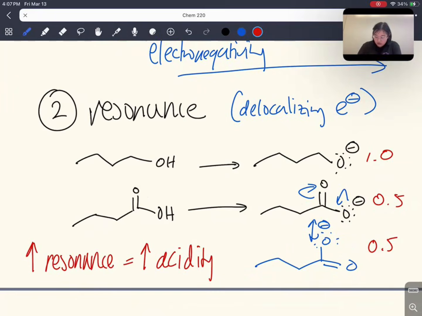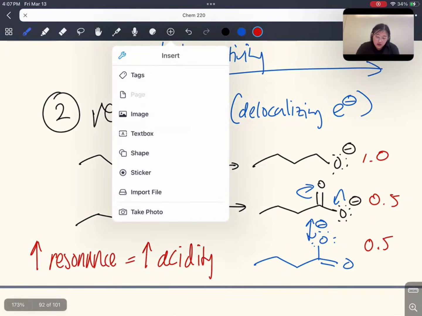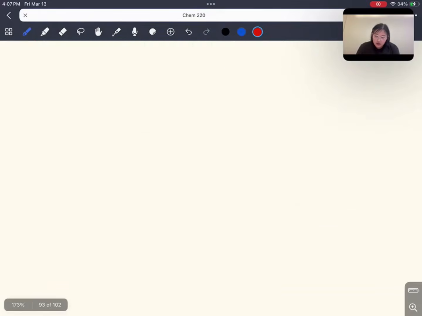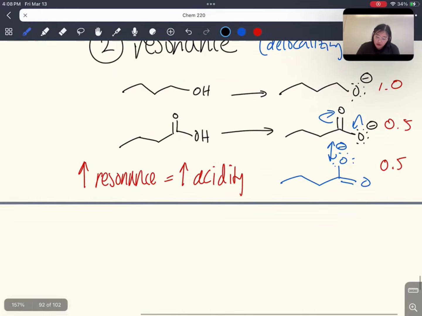Okay? And when we say an increase in resonance, we mean the number of resonance structures. So there's another factor that can influence acidity, and that's called the induction effect.